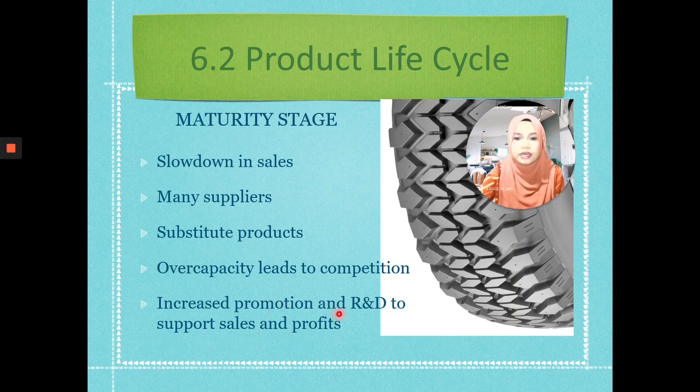Your R&D needs to support the sales and profit by getting the manufacturing department to improve your current product. That is when you start to improvise or create new packaging or something like that, so that it creates something a little bit new about the product itself and continues to let people buy the product.